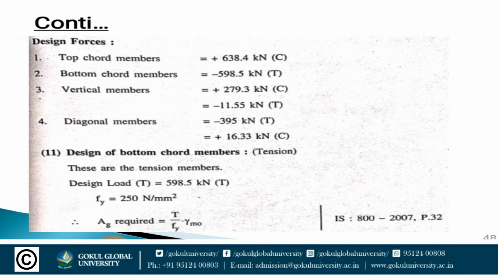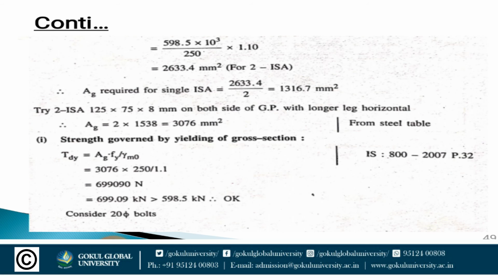Those are the steps we have to follow. First we identify the required gross area, T upon Fy into gamma m0. Then we get the AG required for a single angle, so divide by 2. So try 2 ISA 125 mm by 75 mm by 8 mm on both sides of the gusset plate with the longer leg horizontal.